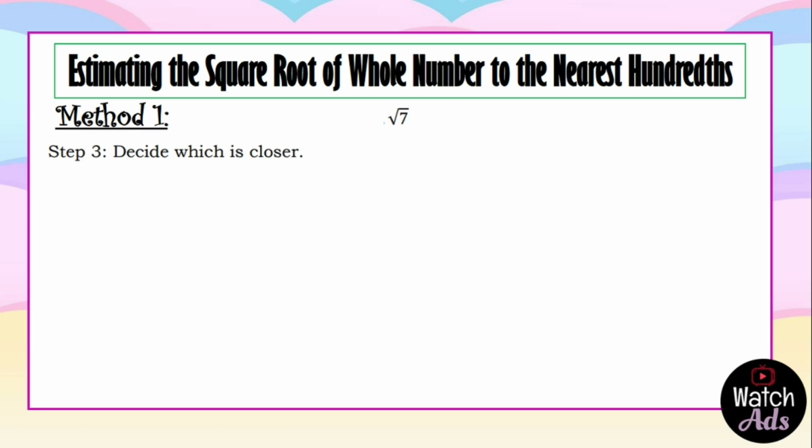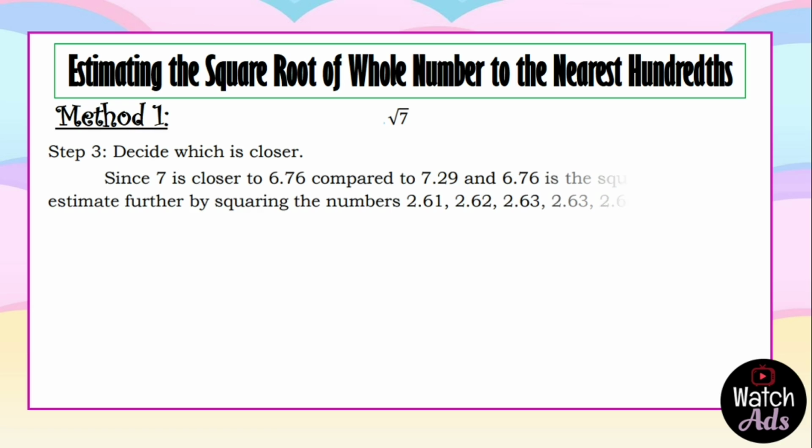For step 3, we decide which is closer. Since 7 is closer to 6.76 compared to 7.29, and 6.76 is the square of 2.6, then estimate further by squaring the numbers 2.61, 2.62, 2.63, 2.64, and 2.65.